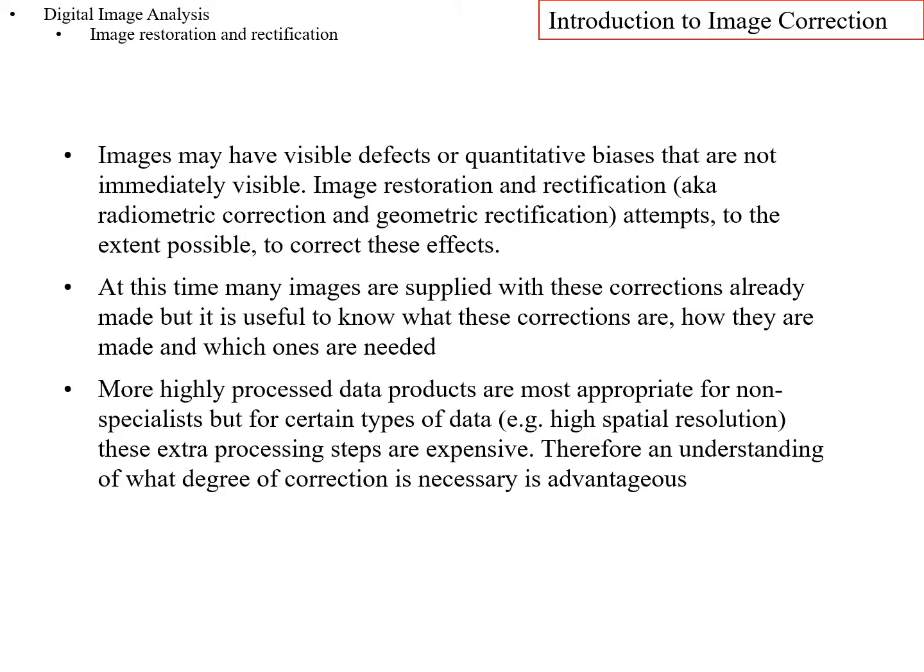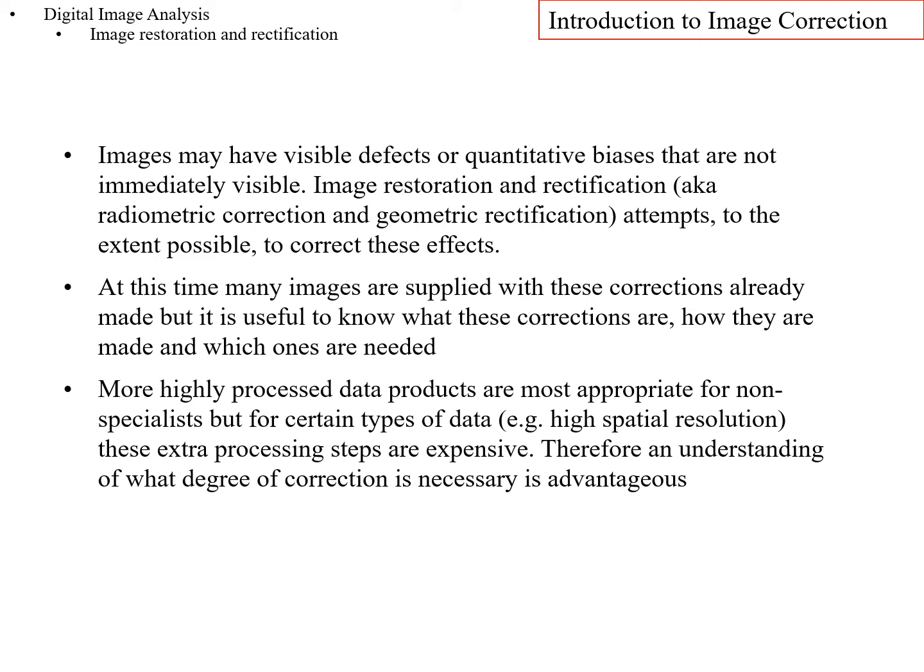So let's talk about image correction. Images may have visible defects or quantitative biases that are not immediately visible, okay? So you might need to restore bad data in an image.